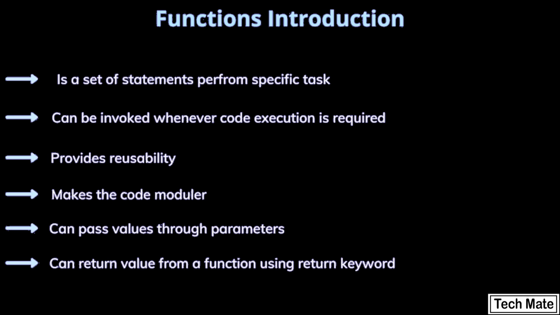For example, if I define a function which adds two numbers, 2 plus 4, it will always give me 6. But if I allow parameters in the function, every time I call that function, I can pass a different value. In this case, my function will be more effective and will give me a better result.